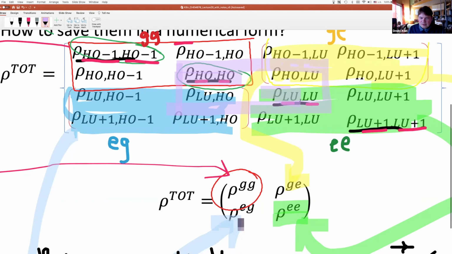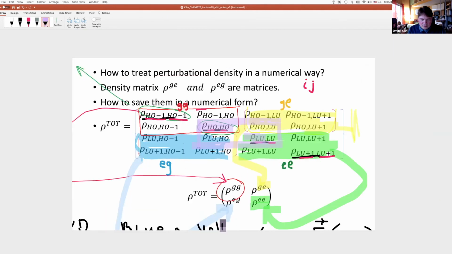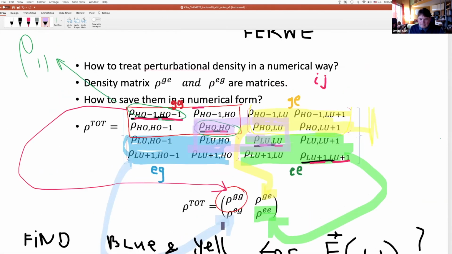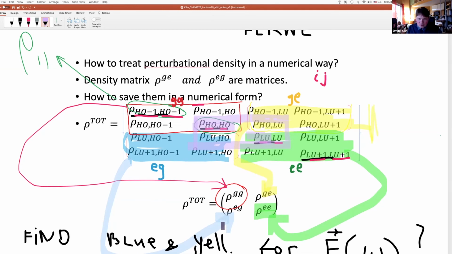Now I can make it smaller. If we consider placing our molecule under an oscillating electric field, before we apply the electric field, only rho GG will be non-zero, will actually be 1, right?